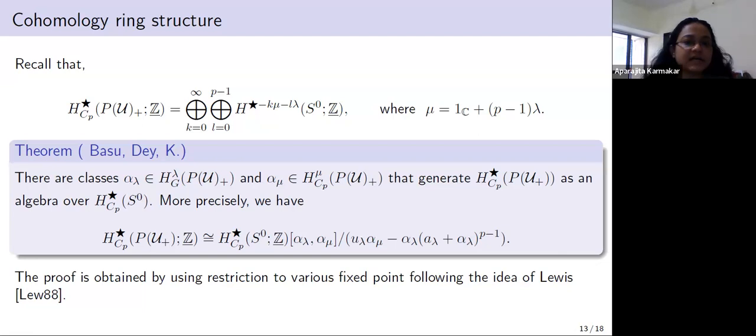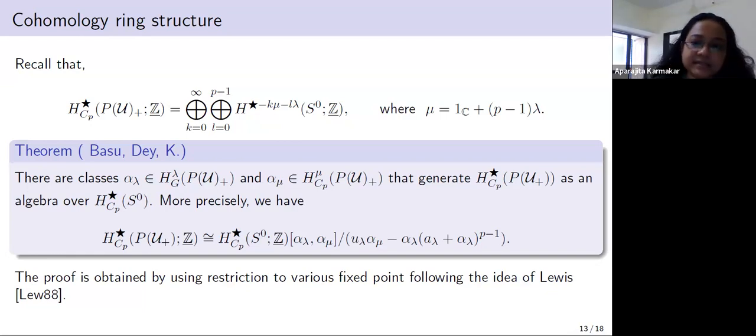So we have the additive cohomology in the alpha grading. In the lambda grading, we have the class alpha lambda, and in the mu grading, we have alpha mu, that generate the whole cohomology of PU plus. Note that this theorem is for n equals p.